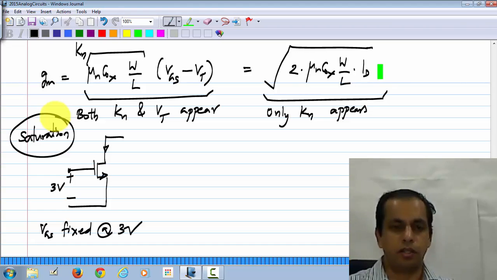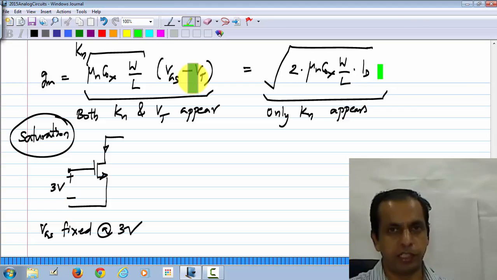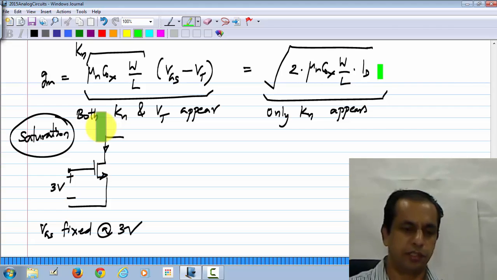Now we saw that as VT changes, GM will change. Because VGS is fixed, if VT is changing, this will change, and if the current factor changes, GM will also change.